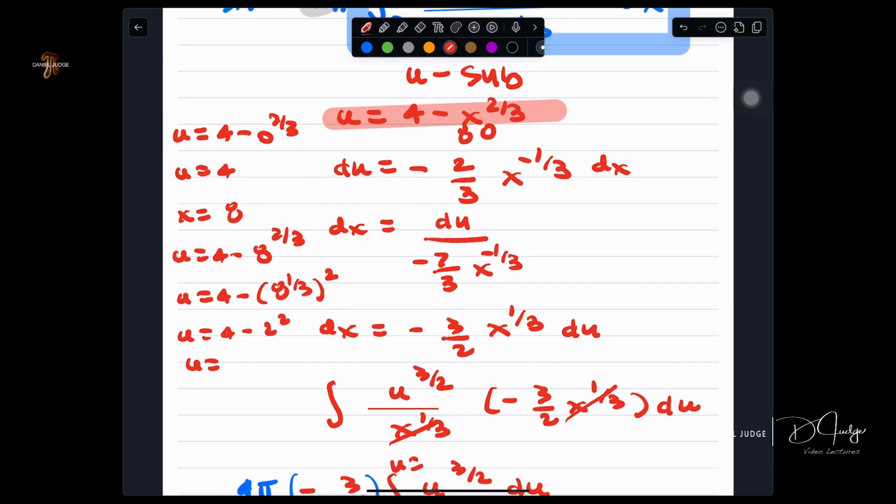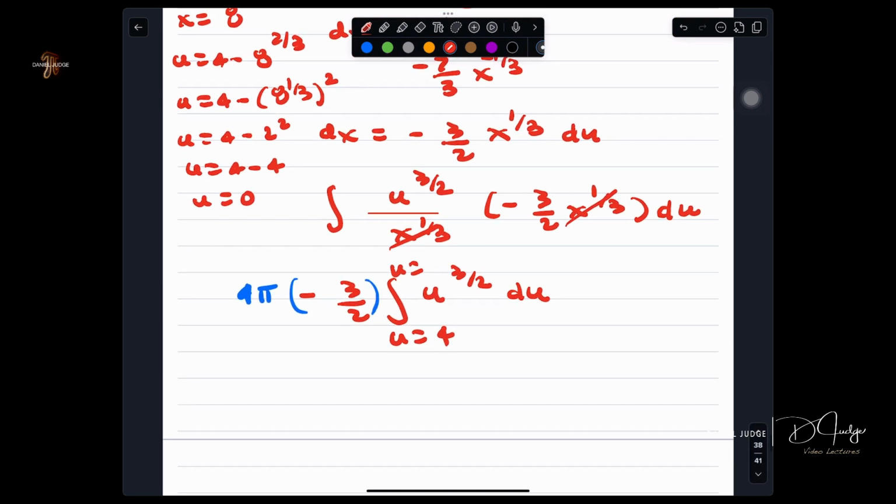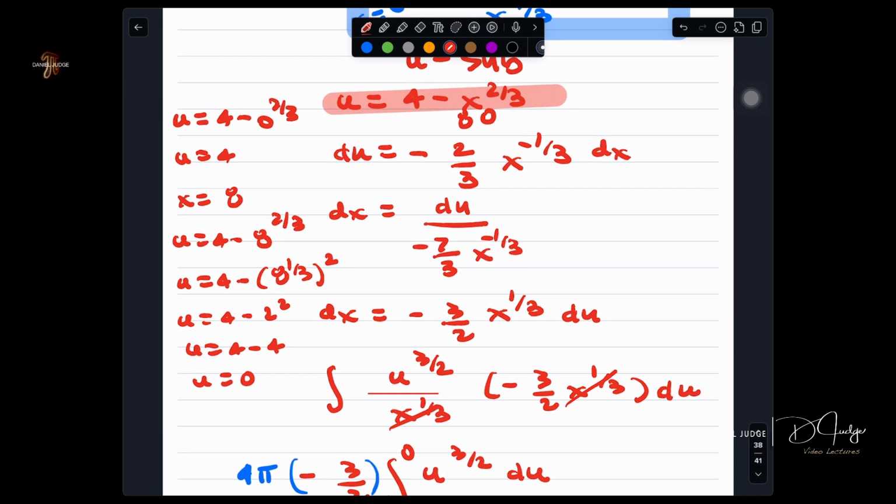So u is going to be 4 minus 4, or u now becomes 0. So our upper limit is going to be 0 here. So this is 4 and this is 0. This is the lower limit, and this is the upper limit.